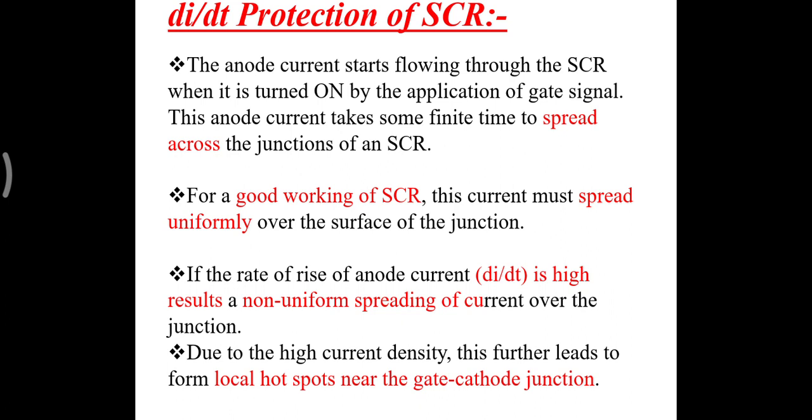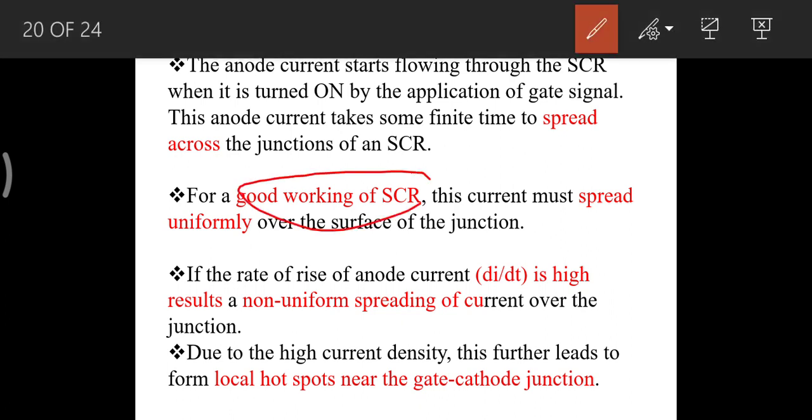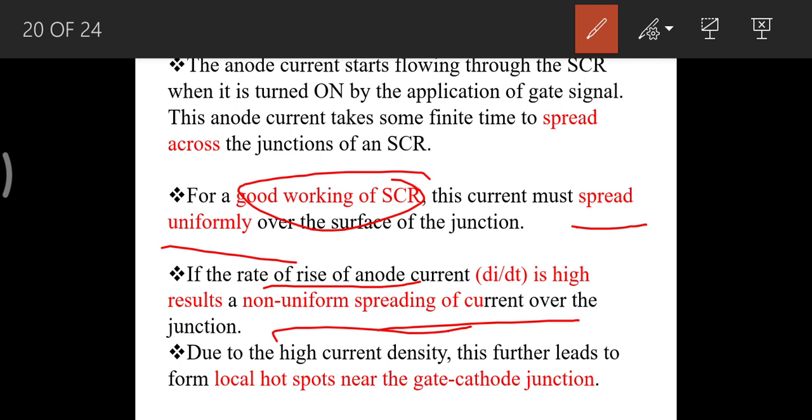For a good working SCR, the spread time is uniform, but if the rate of change of current is high, then the spread current is non-uniform. Non-uniform spreading means there is a chance of local heating spots.